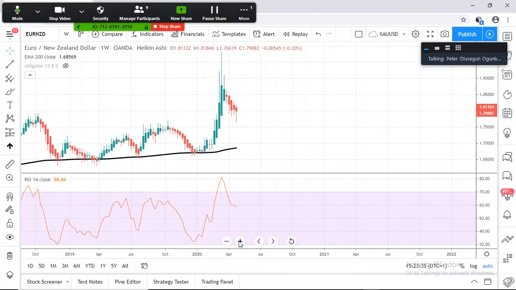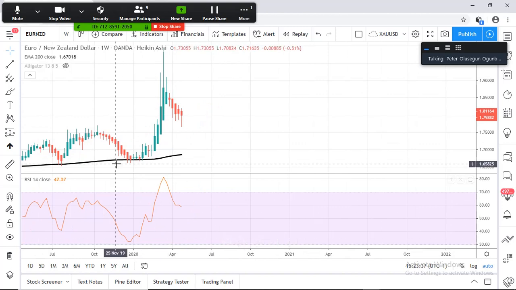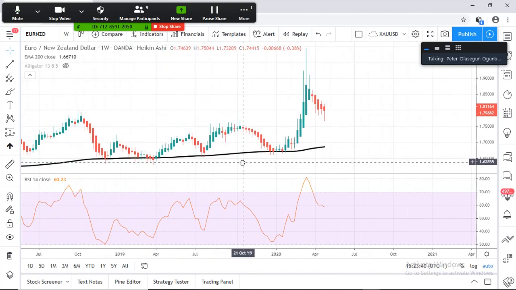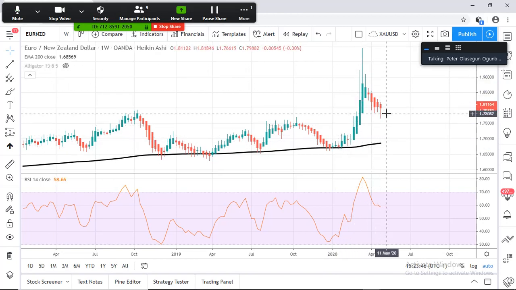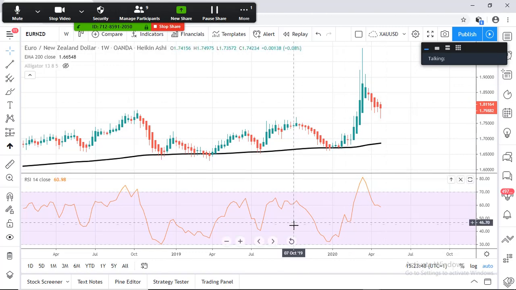That is an uptrend. So you can see, with my zooming out here, it moved up and down.